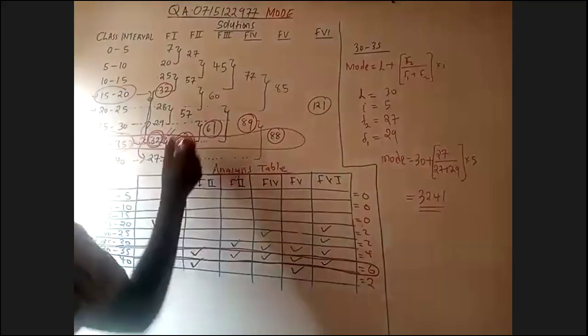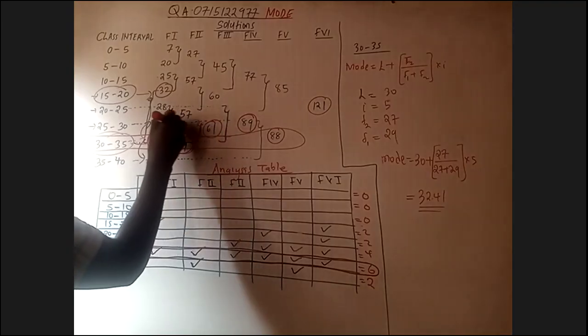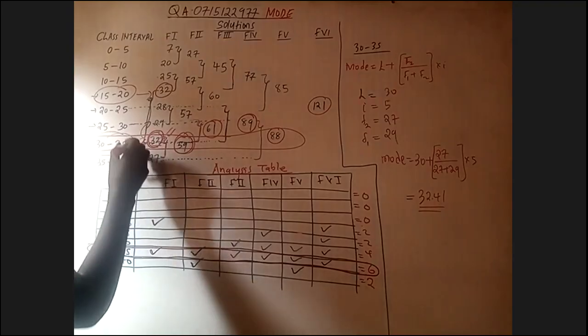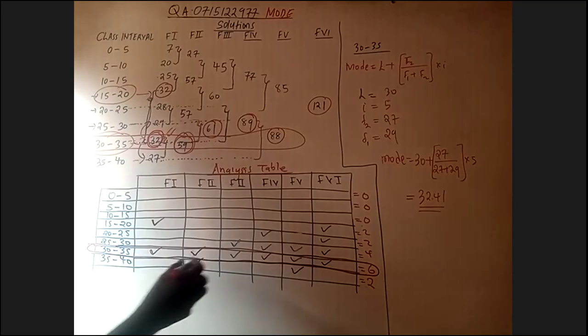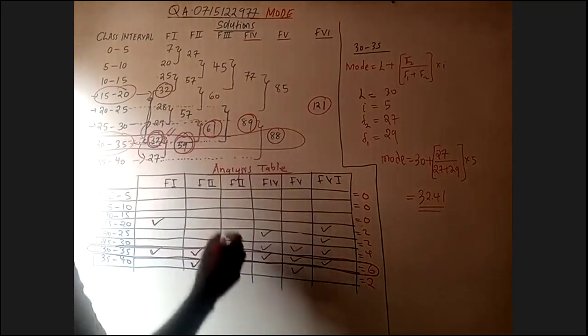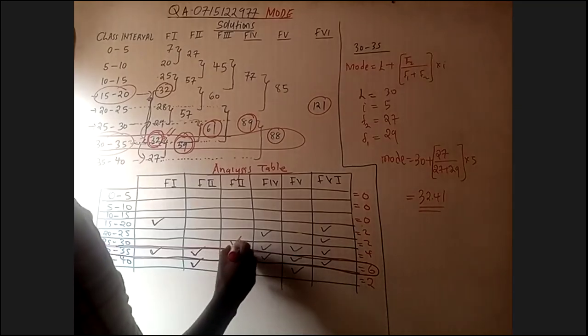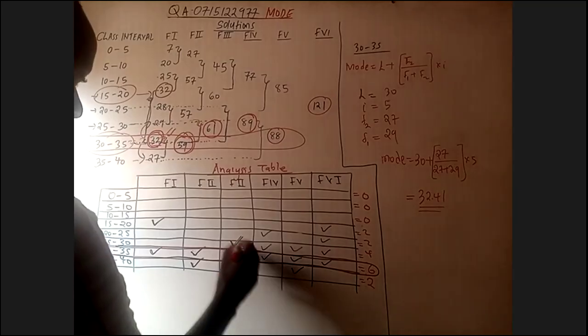We saw it lies between these two figures. Remember from our above item. So it lies between 25 and 30 to 35. So it lies between those two. So you tick here. So it lies between 25 and 35.